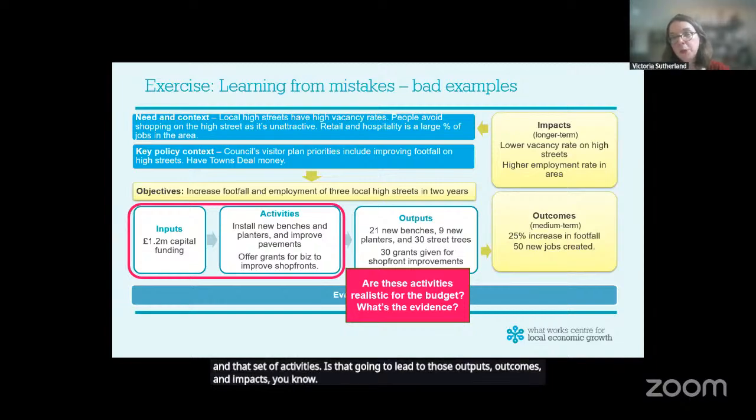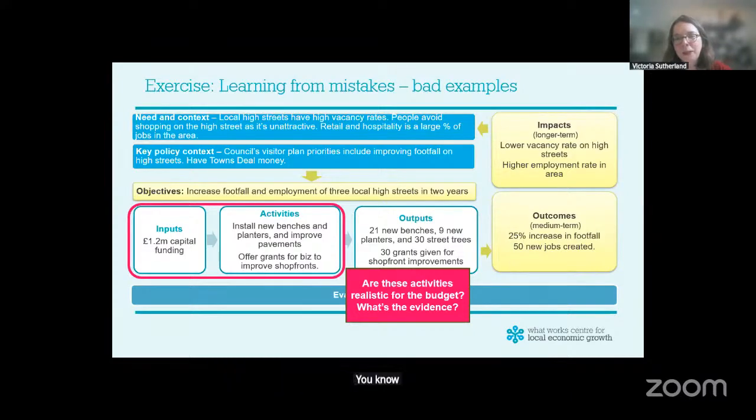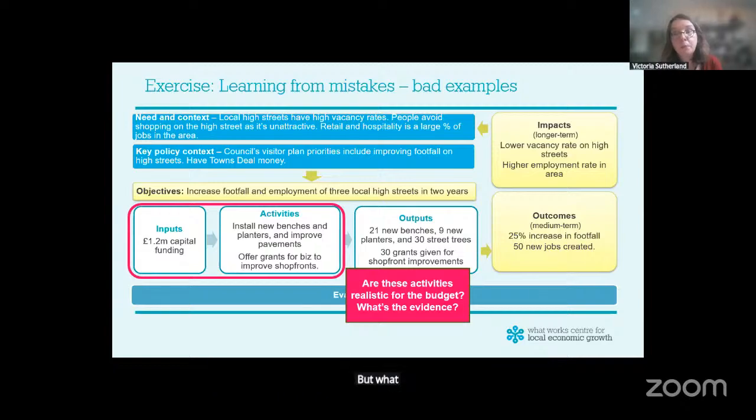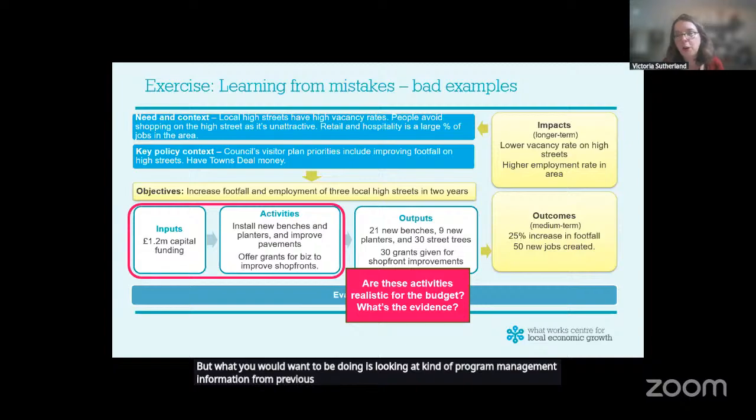Is £1.2 million enough to deliver those activities and outputs? Or in fact, the opposite might be that you could get more out of 1.2 million. I don't deliver town centres, so I don't know whether this is an underestimate or an overestimate. But what you would want to be doing is looking at programme management information from previous projects, either by yourself or others, in order to get a better sense of whether or not that's right.